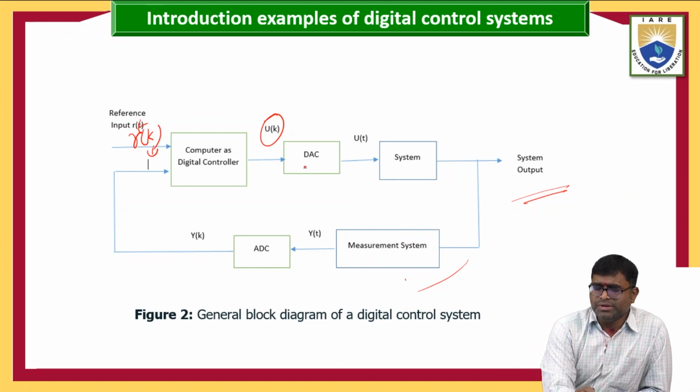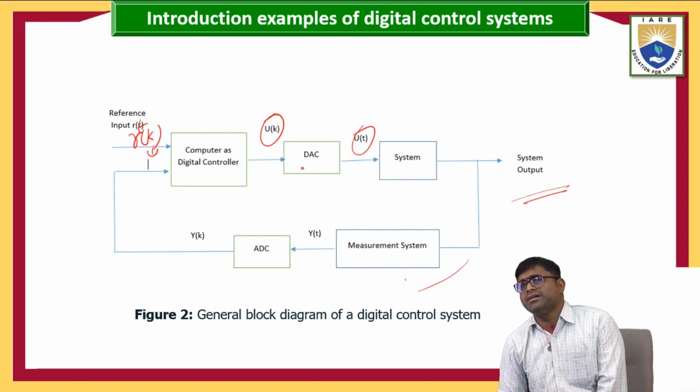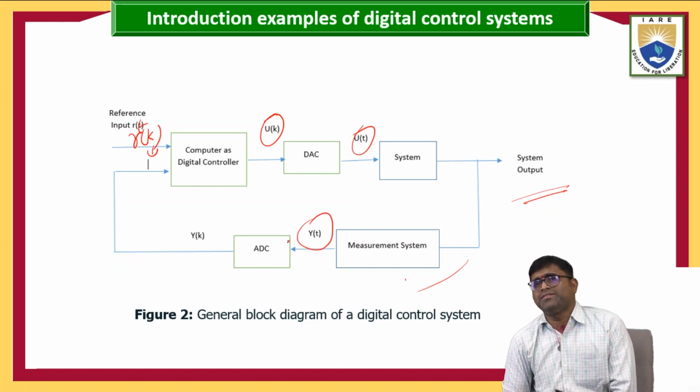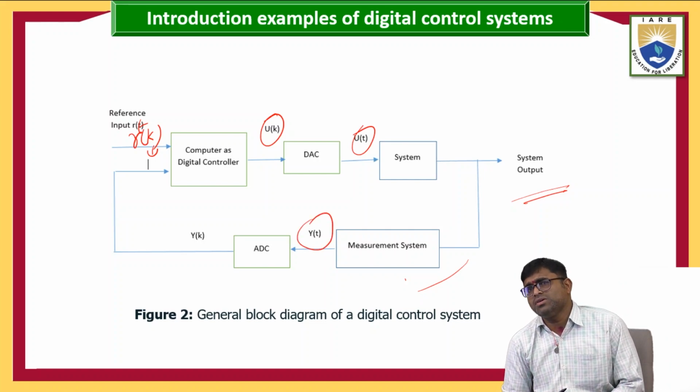From the DAC, it comes out in analog form, for which I take the notation T. It is our output. Again, the output is measured, and that measurement is taken as Y of T. That one is converted into digital.